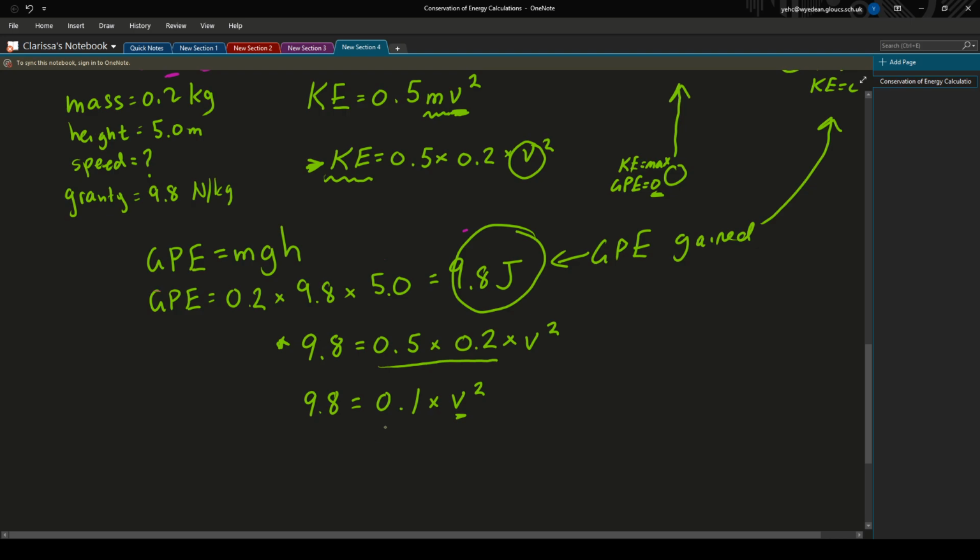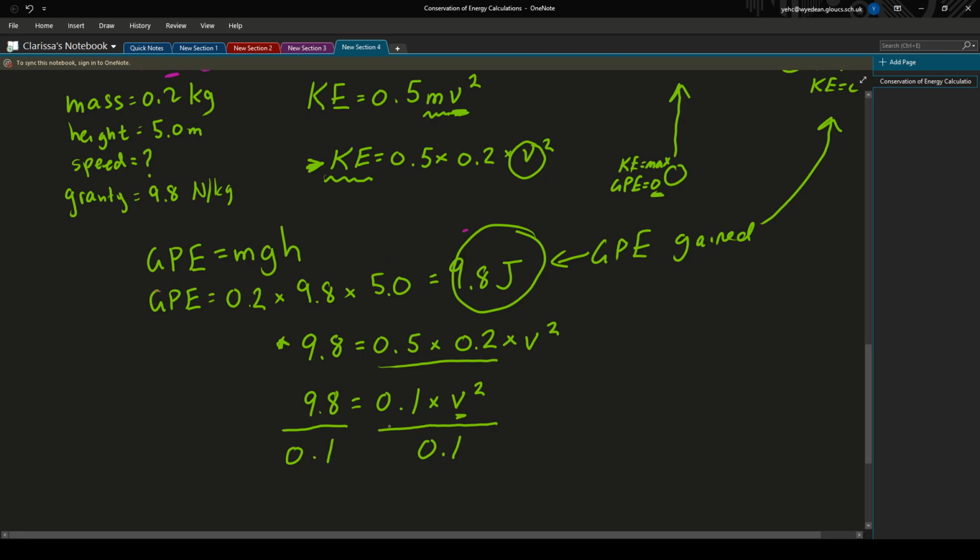Now v is my missing thing, so I have to rearrange to solve for it by getting it on its own, meaning I need to get rid of the 0.1. It's times, so I have to do the opposite. I have to divide by 0.1 instead. And remember, anything you do on one side, you have to do on the other. Divide both sides by 0.1.